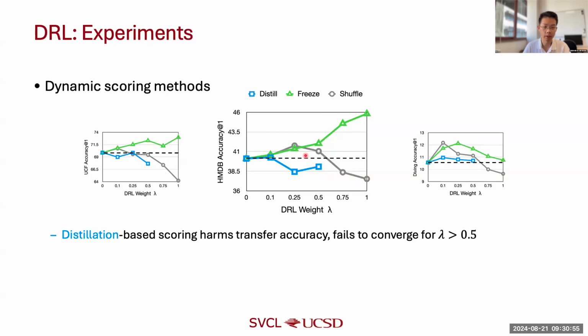In comparison to all these, we find that frame freezing the clips, in green, actually produces the most consistent improvements in terms of transfer accuracy compared to the baseline model, which is lambda equals 0.